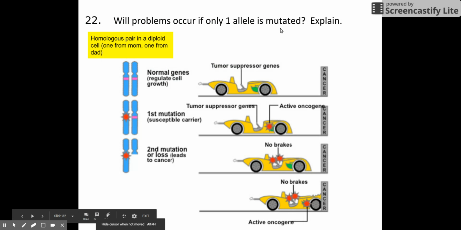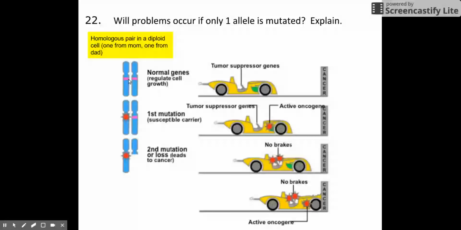So, will problems occur if only one allele of a tumor suppressor gene is mutated? Again, remember that body cells, diploid cells, have a complete set of homologous pairs, one from mom, one from dad, and on each of those chromosomes you would have an allele, which is a version of the gene that would be similar but not always identical, and it's related to a similar trait.